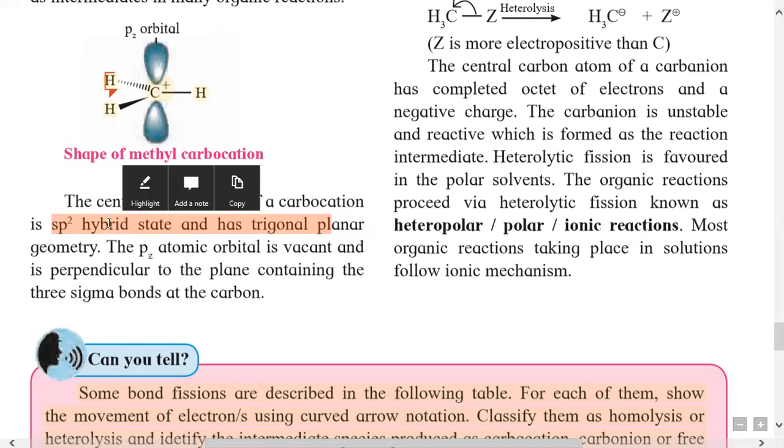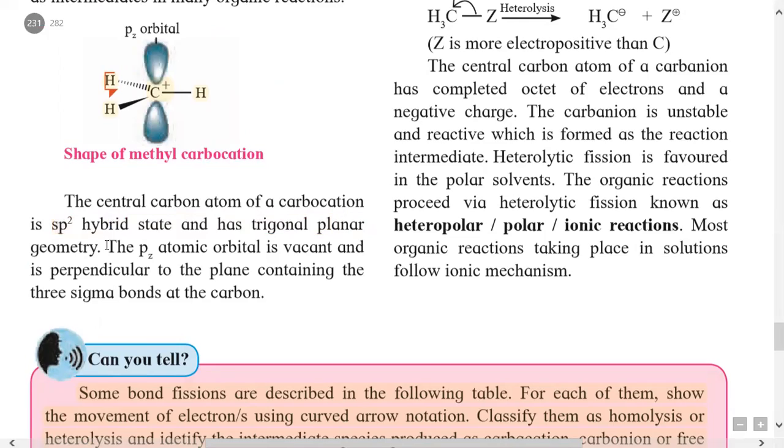The only difference is that the pz atomic orbital is vacant and perpendicular to the plane containing the 3 sigma bonds at the carbon.